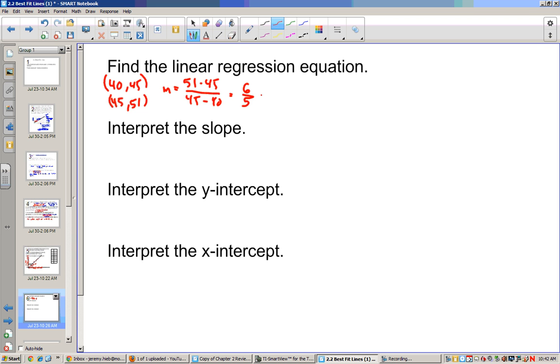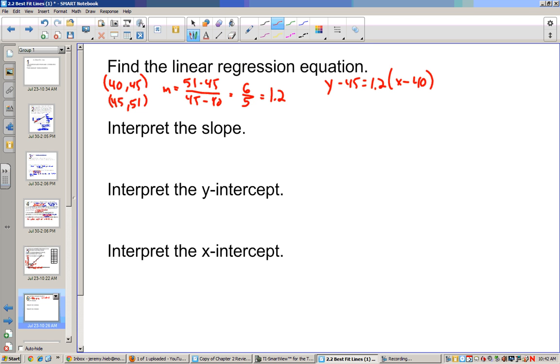So this could probably be written as 1.2. If we wanted to write this in point slope form, we could say y minus 45 is equal to 1.2 times x minus 40. Because this doesn't necessarily say what type of equation it needs it in. So that would fit for this.